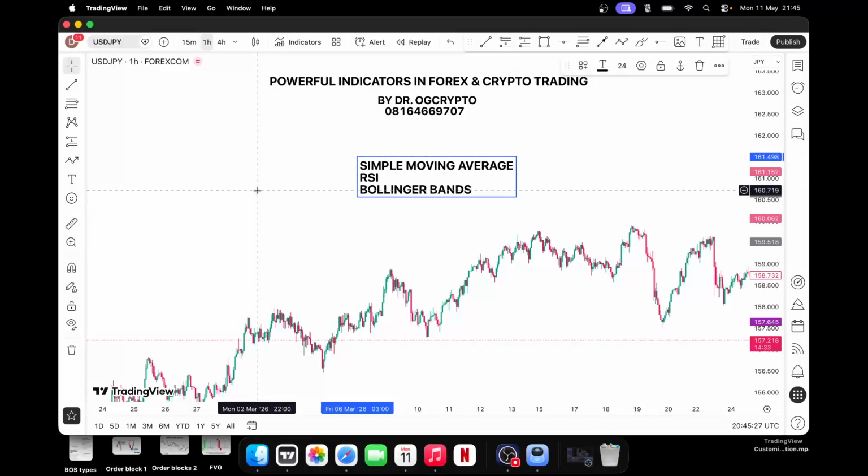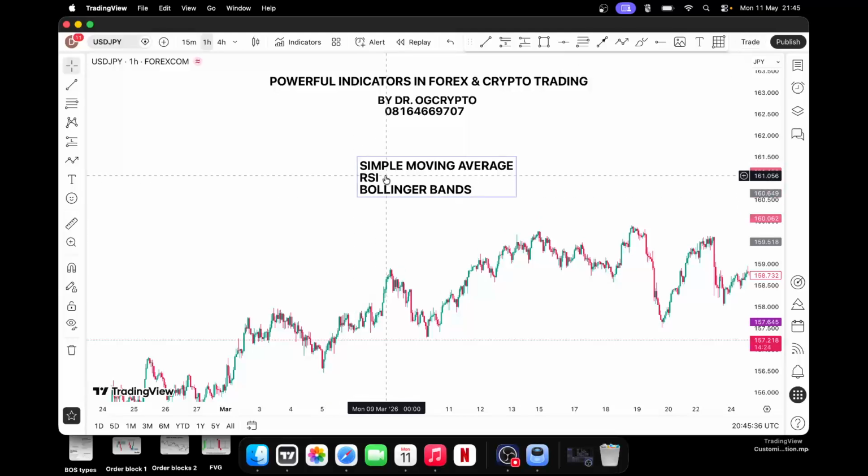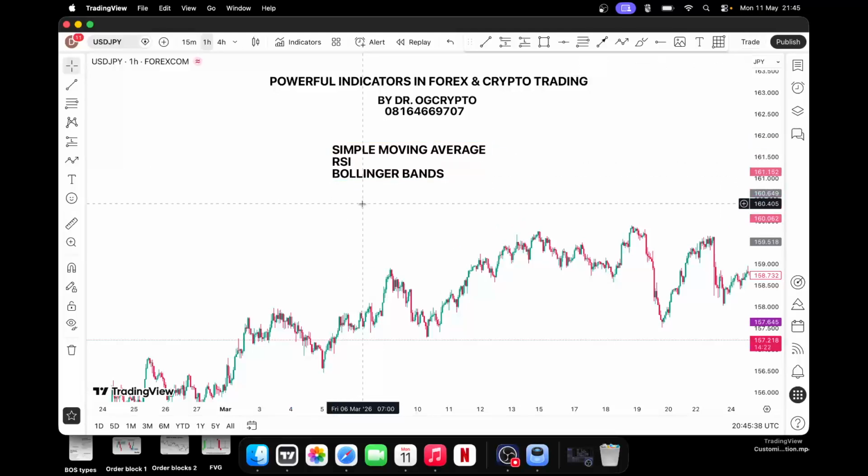There is also the MACD indicator. There are a lot of indicators out there, but these are the common and most powerful ones that even a beginner can understand. As an amateur trader, you can understand it. As a professional trader, you can add it to your chart to get more confluence.